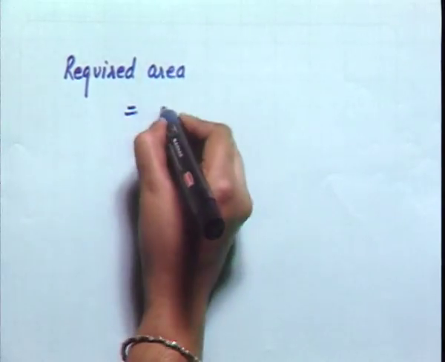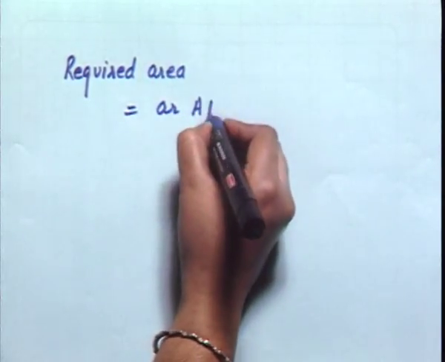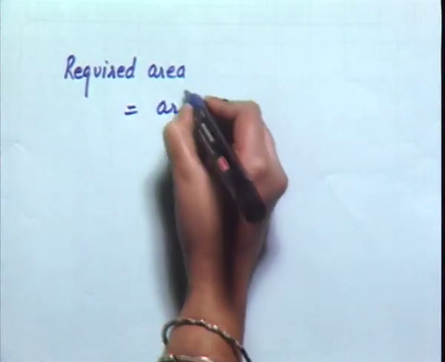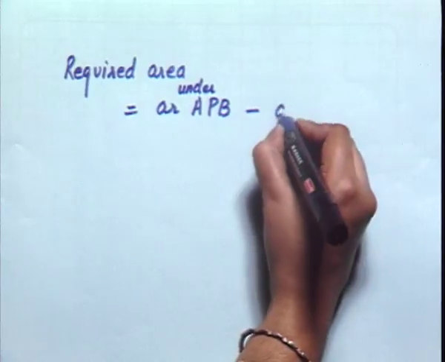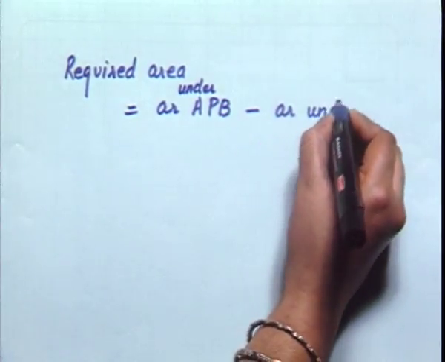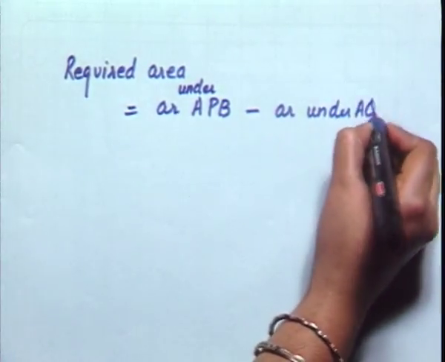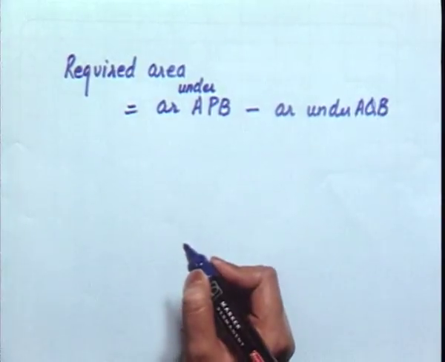area under line APB minus area under arc AQB. You can see that again.